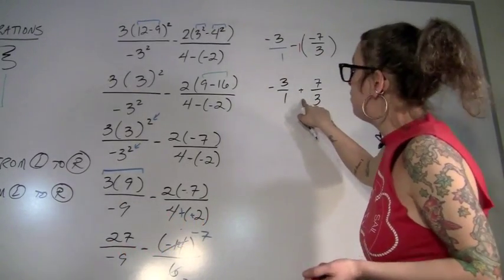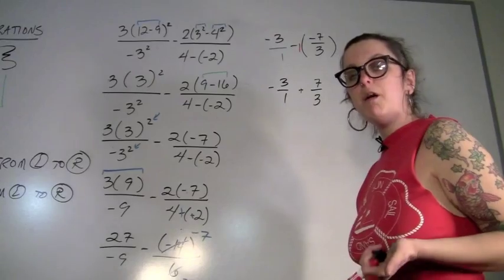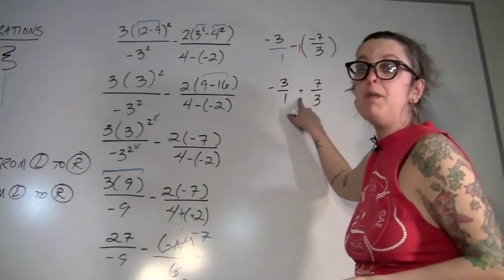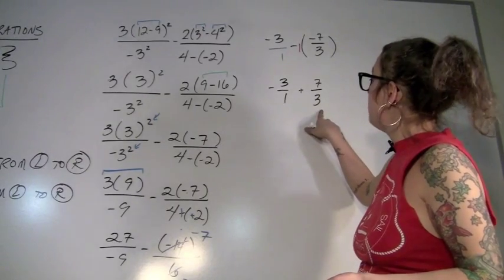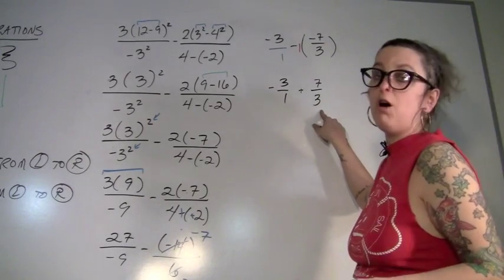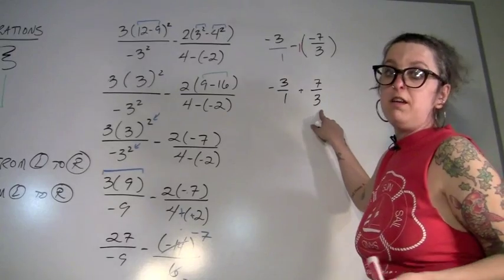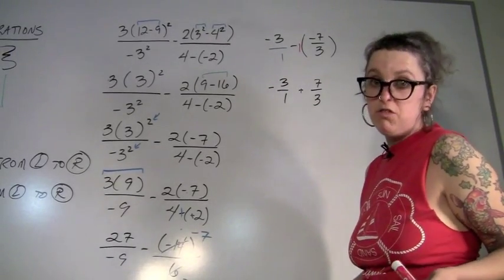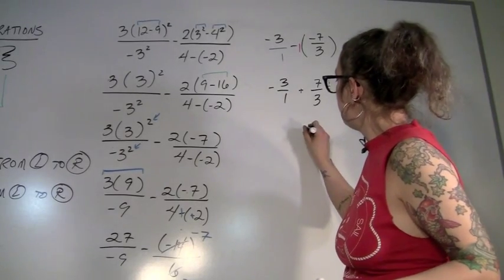Okay? So just like we did on the last problem, in order to add or subtract these fractions, we got to make these two denominators match. I happen to know that the smallest number that divides by 3 and by 1 is 3. So this is going to remain the same.